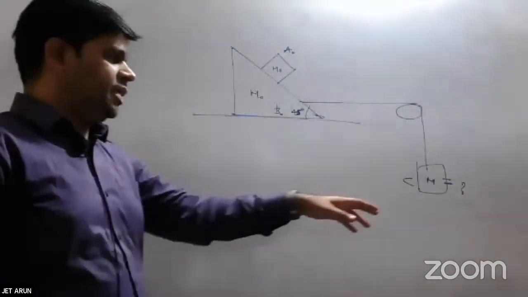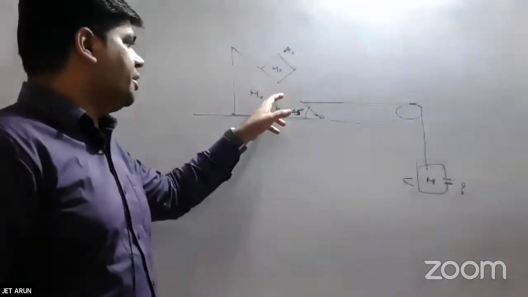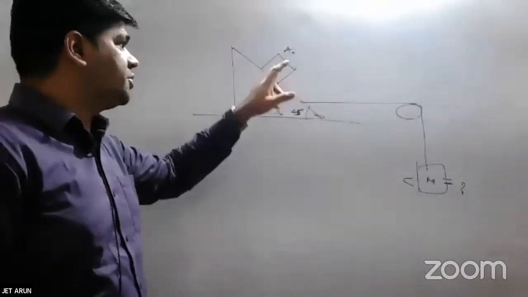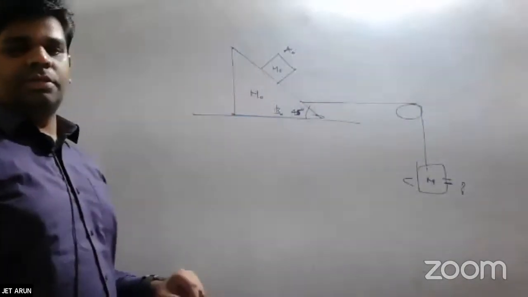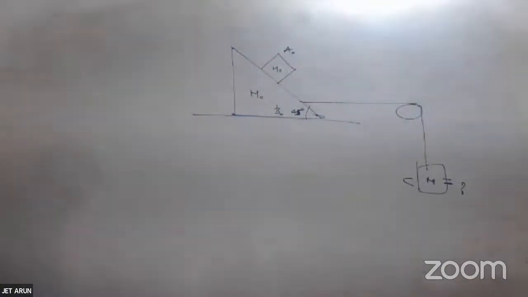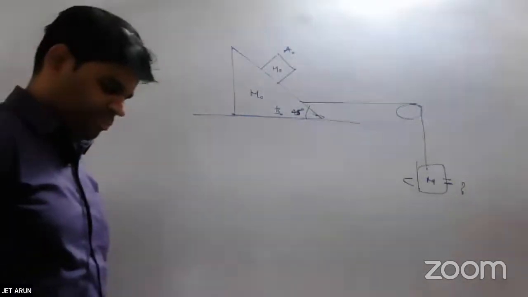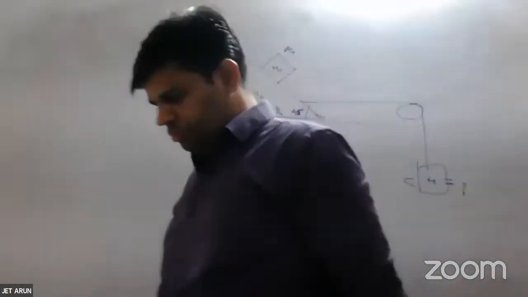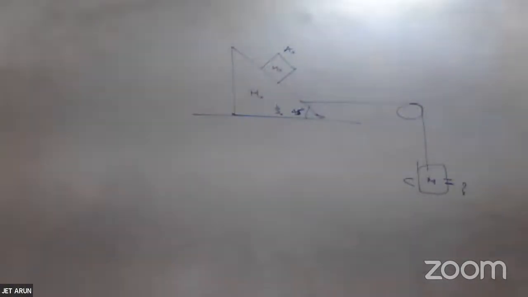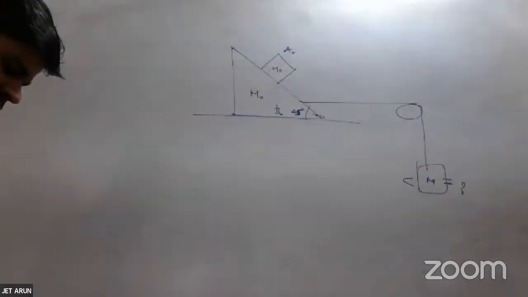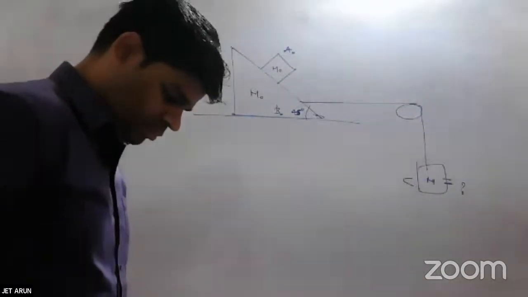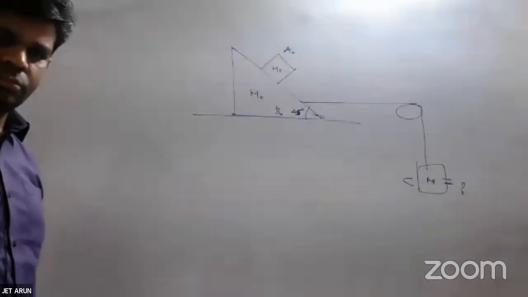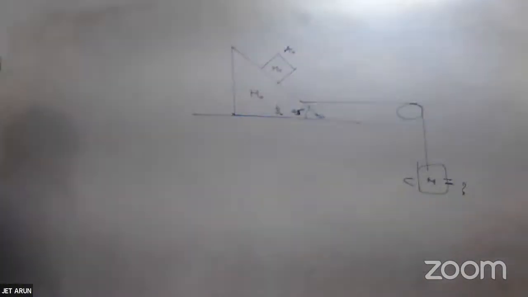You have to find the mass of the block C such that block A and wedge B move together. That means there is no slipping of A with respect to B. Any idea, students?